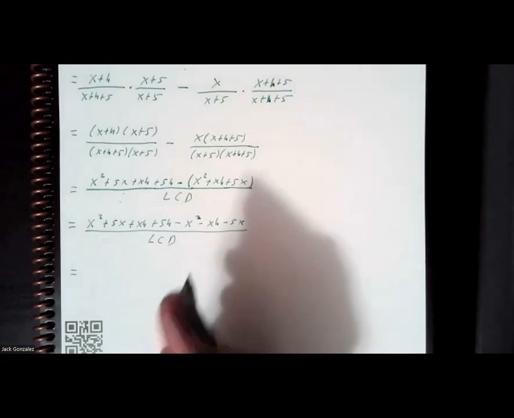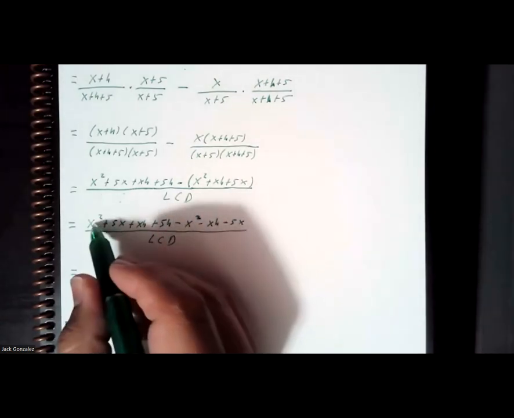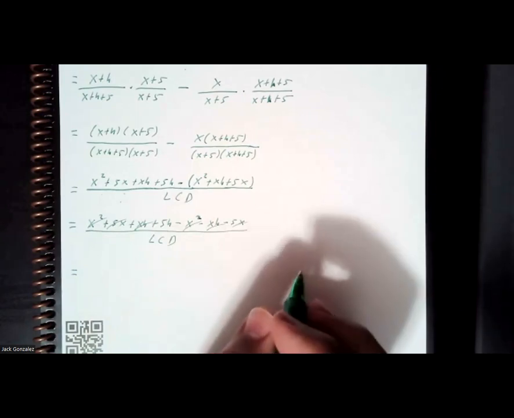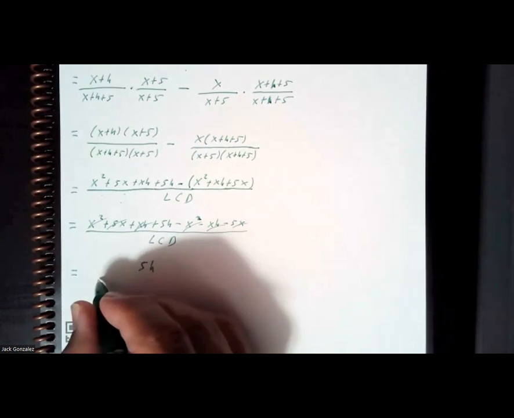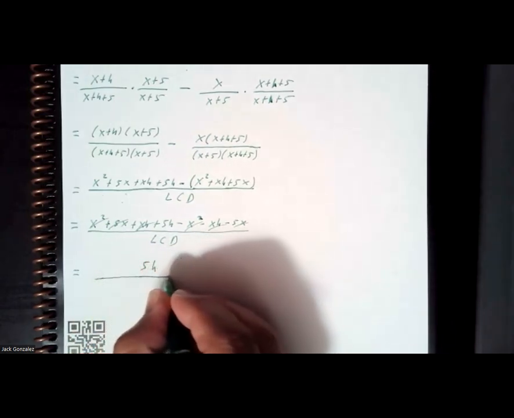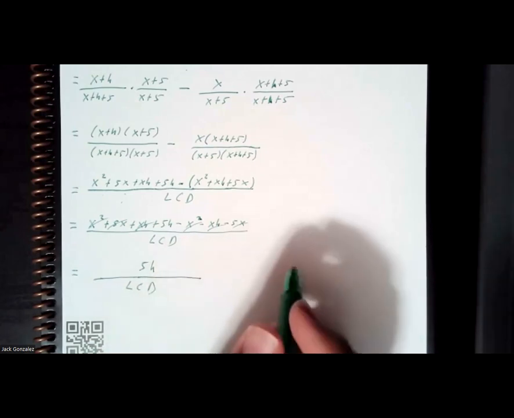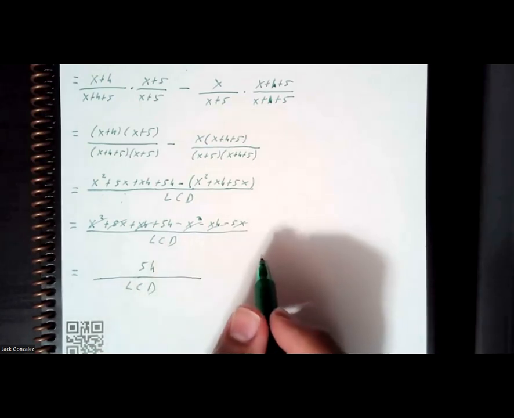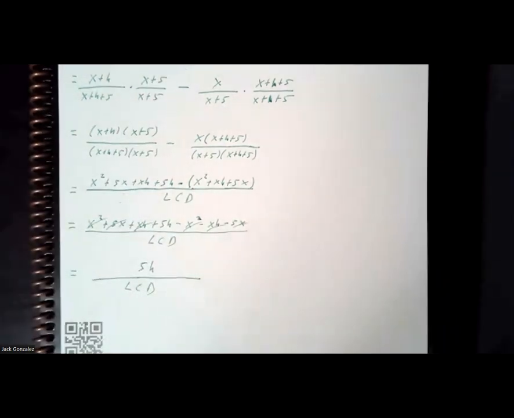Okay. So notice the x squared, the 5x, and the xh will all cancel, leaving you with 5h over this LCD. So I'll do step 3 on the next page. You cool with this?